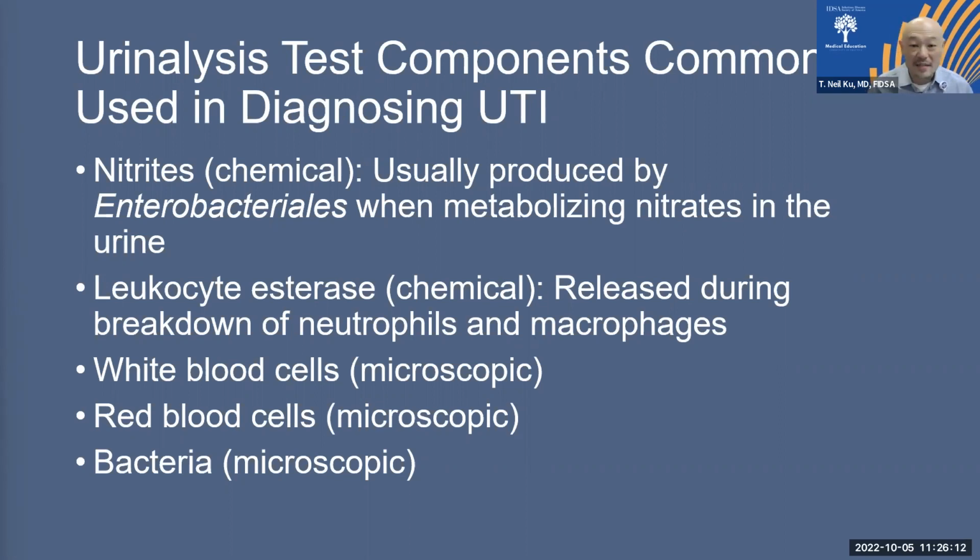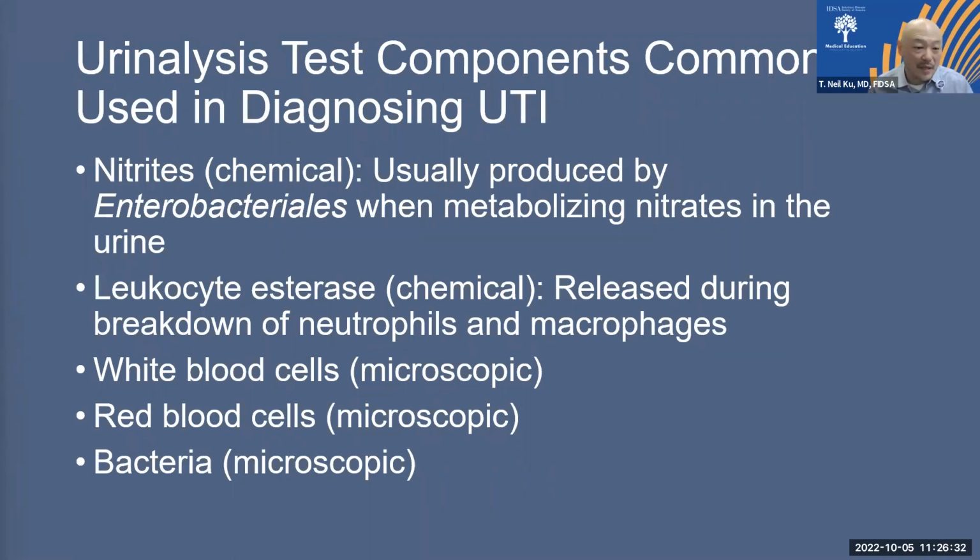Leukocyte esterase is essentially released during the breakdown of neutrophils or macrophages. We try to use this indirectly as a reference to the presence of white blood cells, especially if you're not able to do a microscopic examination.